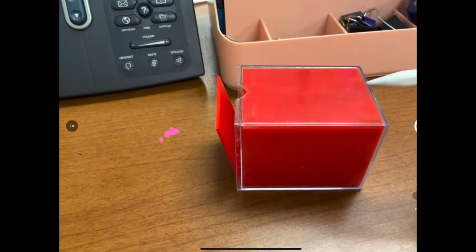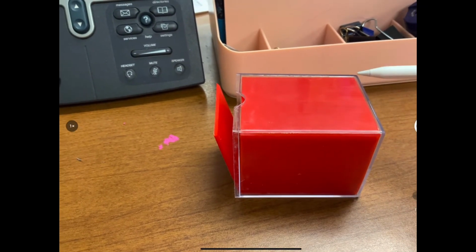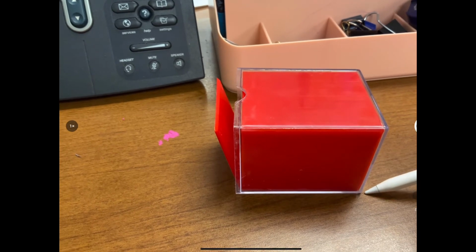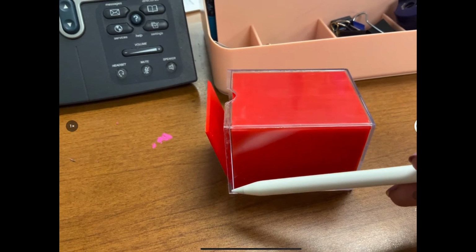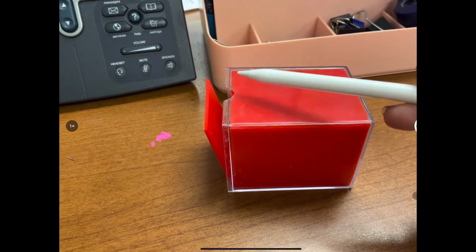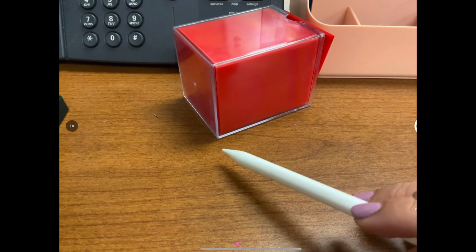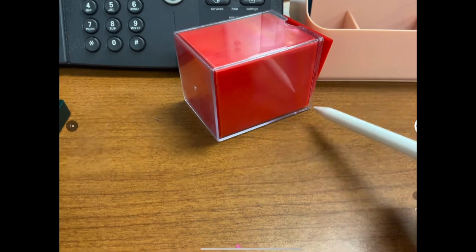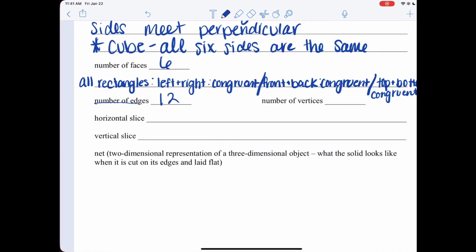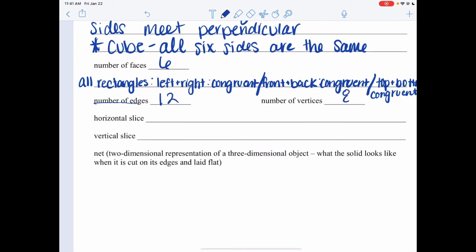So be careful when you are counting the vertices. So looking at this, I have 1, 2, 3, 4, 5, 6, and then on the other side, we did not count the bottoms, 7 and 8. So that means I have 8 vertices.